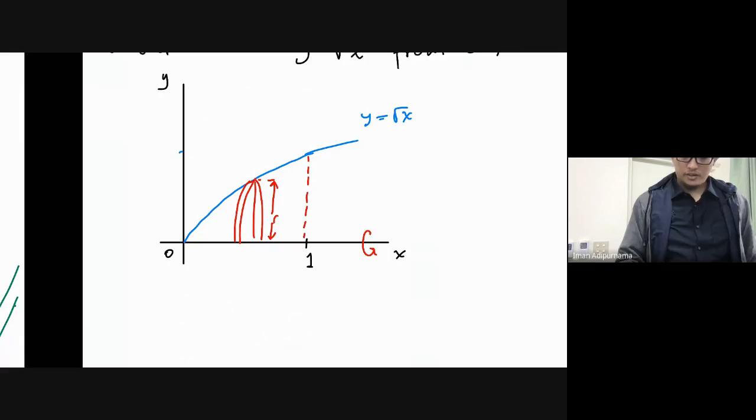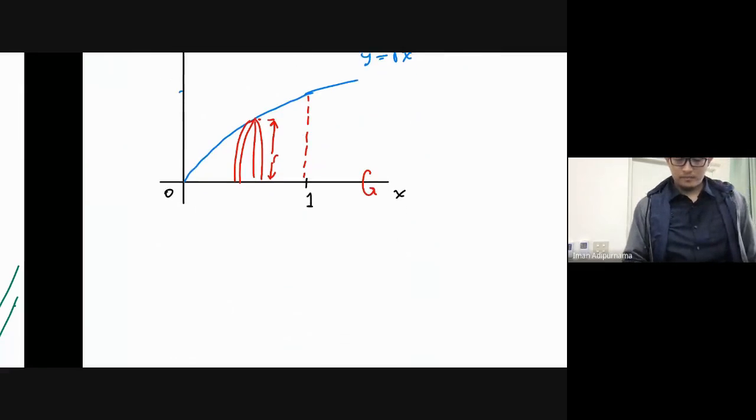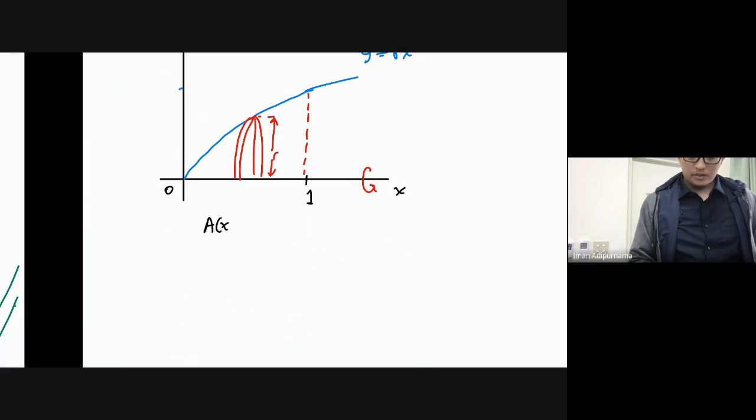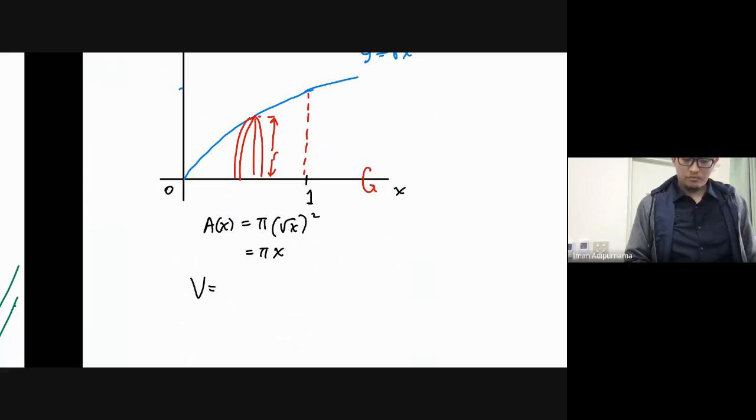So this will be the radius. You can write the function square root of x squared, and you can set up the volume from 0 to 1 of pi x dx.